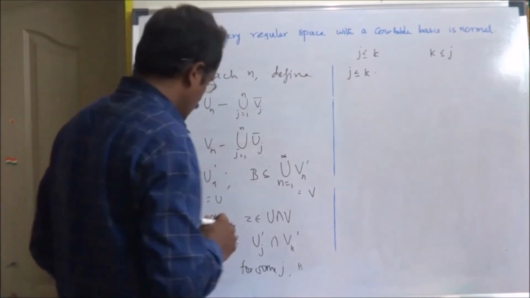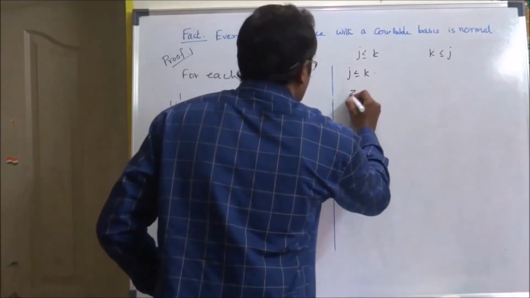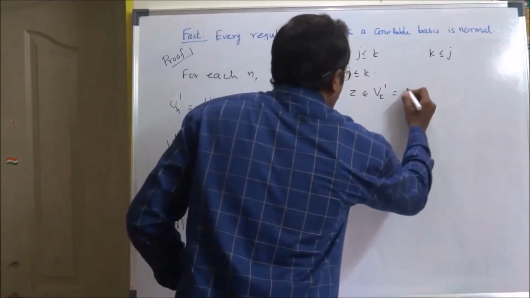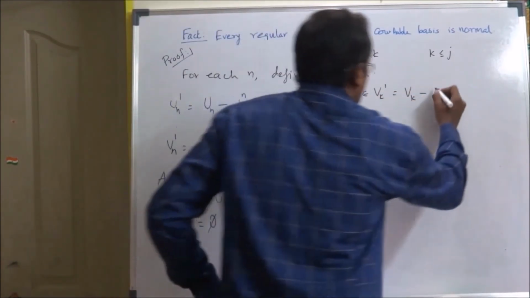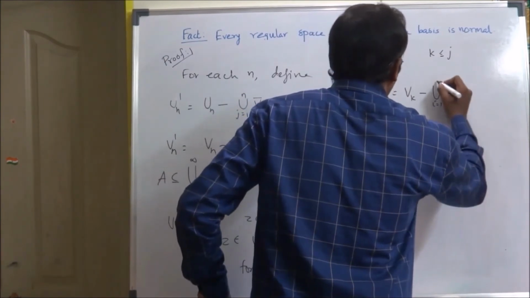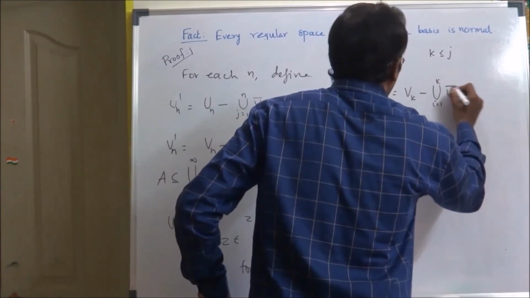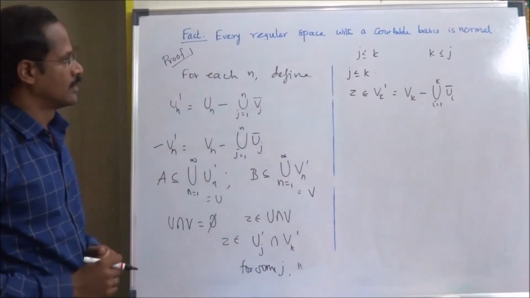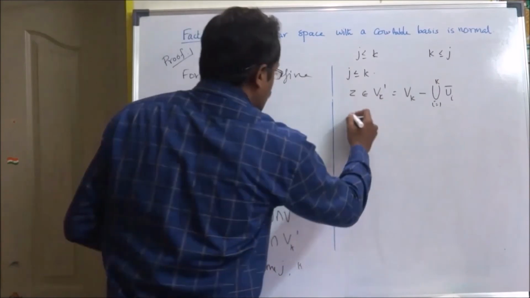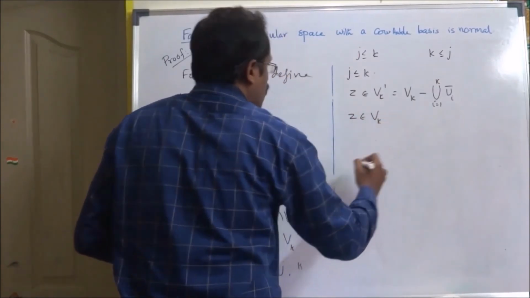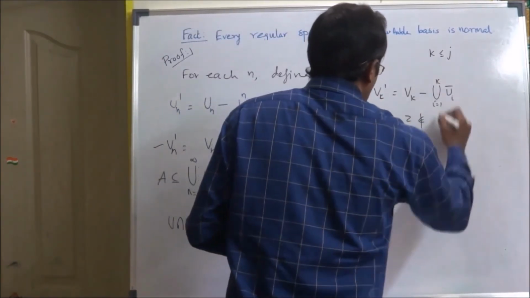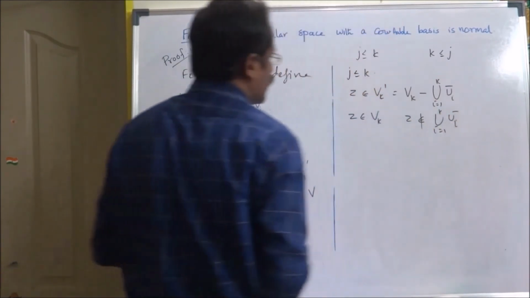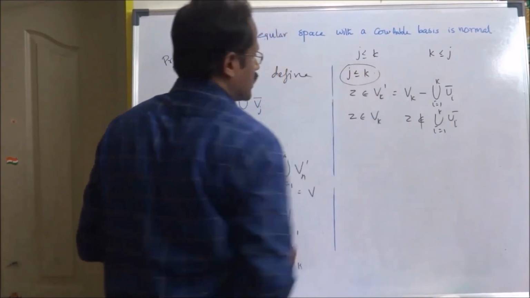So in this case, you observe Z is a point of Vk dash. That means Z is in Vk minus union i equal to 1 to k Ui closure, the definition of your Vk dash. So Z is in Vk, but Z is not in this union i equal to 1 to k Ui closure. We are dealing with the case j less than or equal to k.